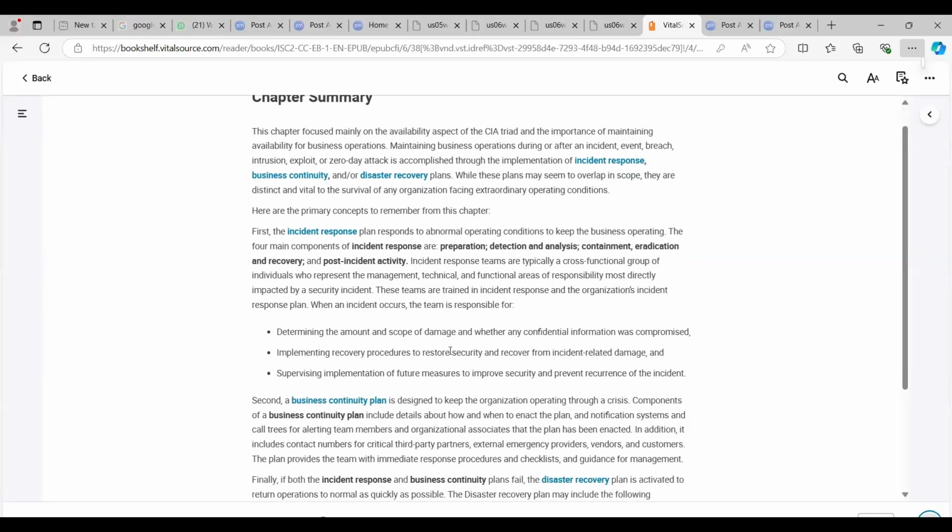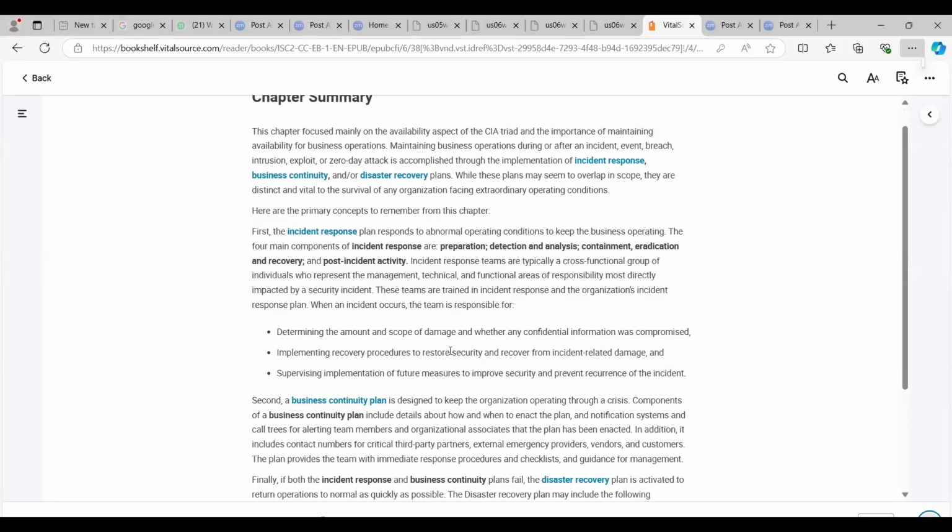Here are the primary concepts to remember from this chapter. First, the incident response plan responds to abnormal operating conditions to keep the business operating. The 4 main components of incident response are preparation, detection and analysis, containment, eradication and recovery, and post-incident activity.